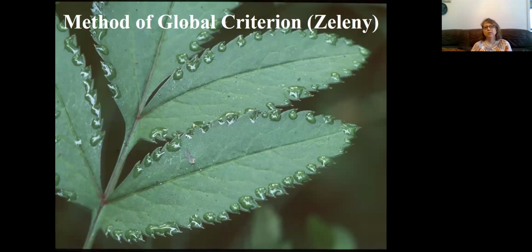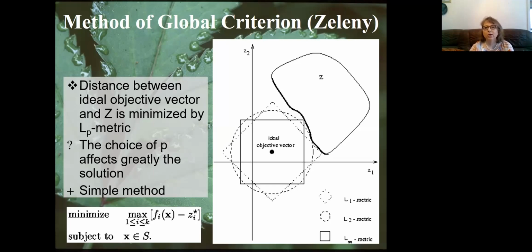So as examples of different types of methods, I have a few. The method of global criterion is an example of methods where there is no decision maker available. So as said, we can identify the ideal objective vector without any human involvement. And for example, in this case, once again, we have two objectives to be optimized, and this bold line represents different Pareto optimal solutions. And we can, for example, minimize the distance from this ideal objective vector to Pareto optimal objective vectors. And by using L_p metrics and changing the p-value, we get a different solution.